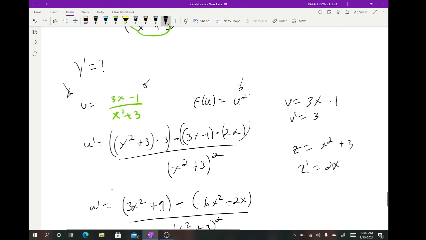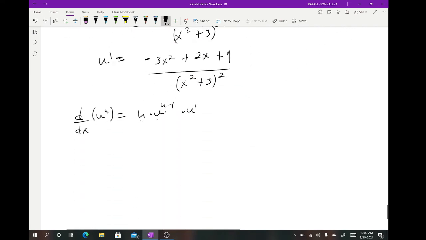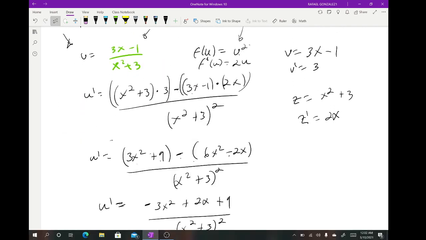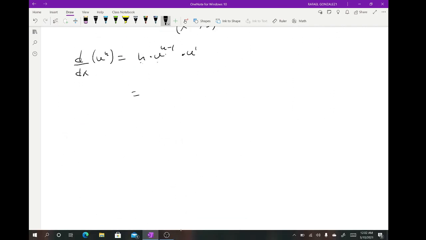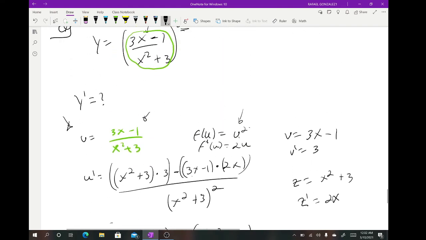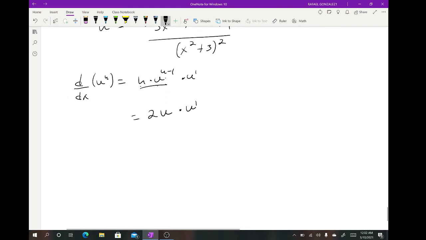That's just 2u, since n is 2. So this means that f prime of u is equal to 2u. So this piece right here is simply 2u times u prime. This is what we get from up here.